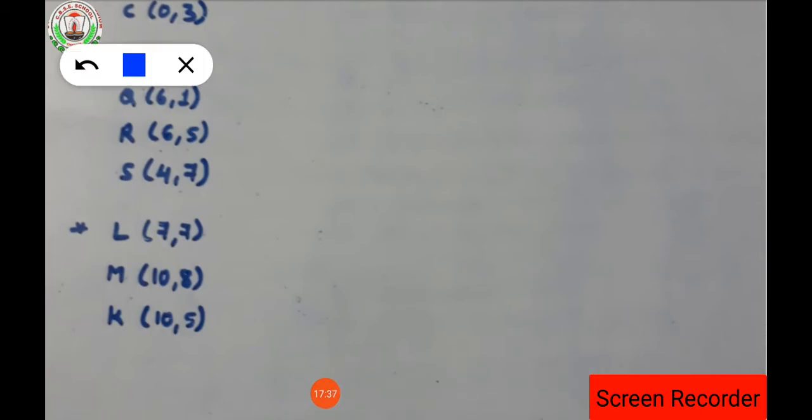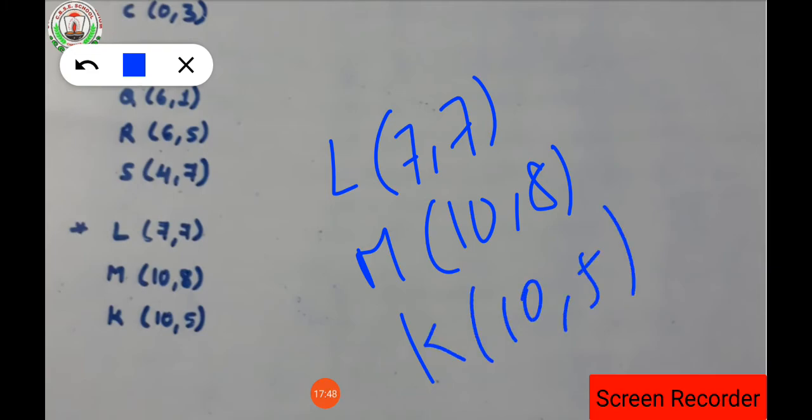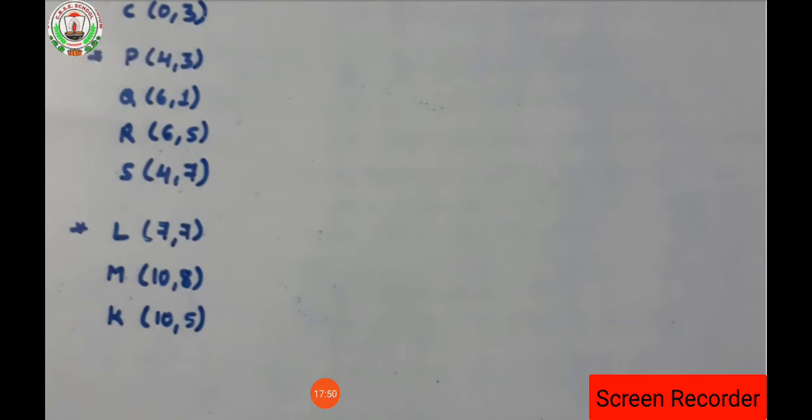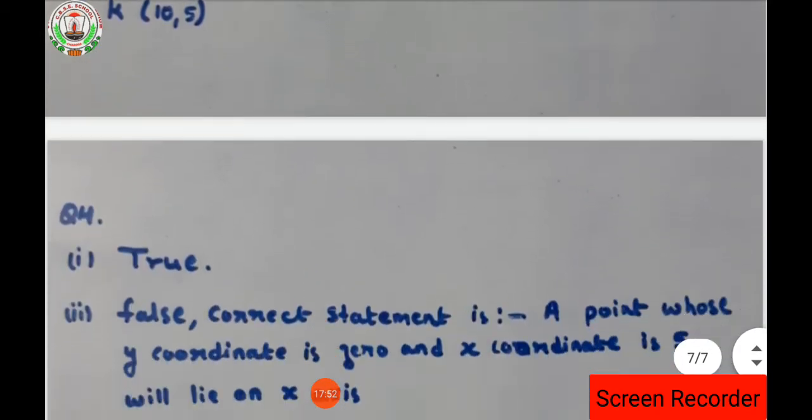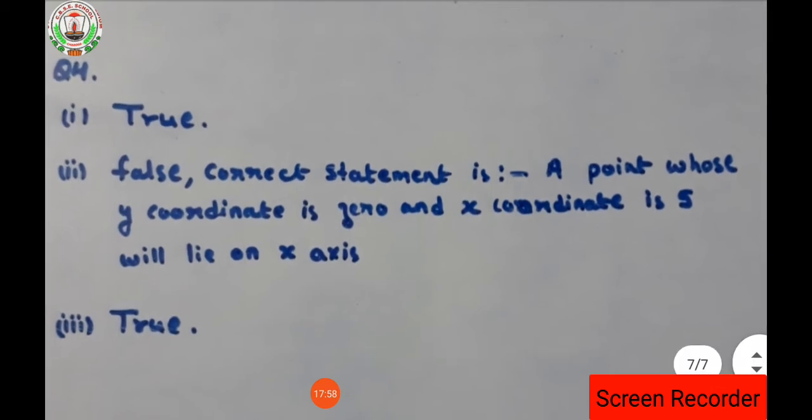So for that triangle, coordinates of L is 7, 7, then coordinates of M is 10, 8, then coordinates of K is 10, 5. So these are the coordinates. Clear everyone? So this is the solution of question number 3. Sorry. Then next question number 4.